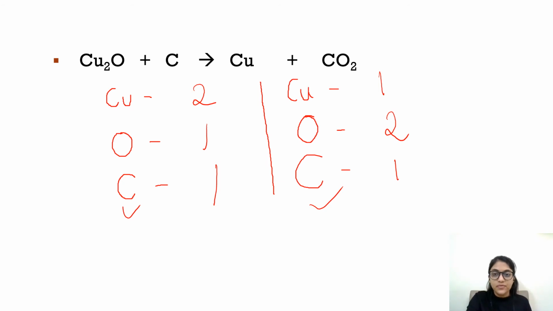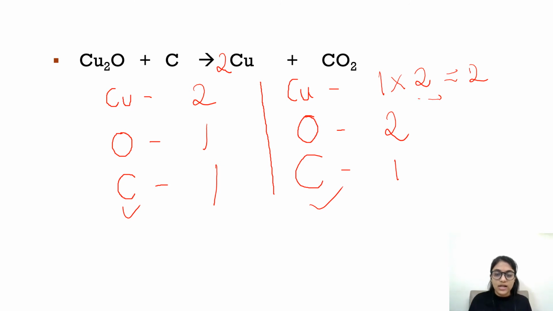So as I said before, what we need to do is multiply the right hand side copper by such a number that it gives us the number of coppers on the left hand side. That number is obviously 2, so I'm going to write 2 over here on the right hand side, and copper is balanced, at least for now. Now let's move on to oxygen.